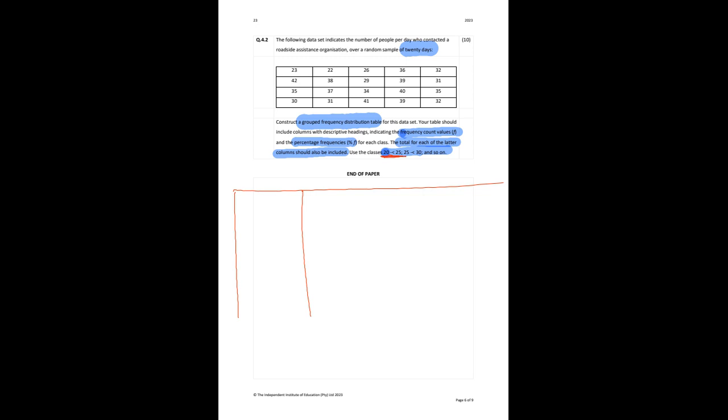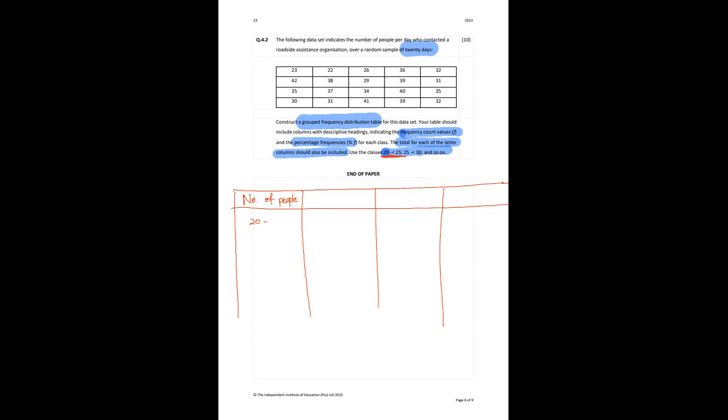So that would be your heading. So they told you pretty much what to include as your headings here. So the number of people would be your first column, and they gave you the starting point of 20 to less than 25, then 25 till less than 30, and you'll continue like that.